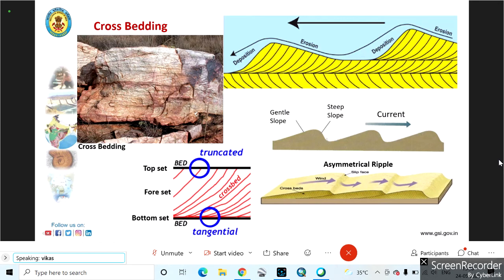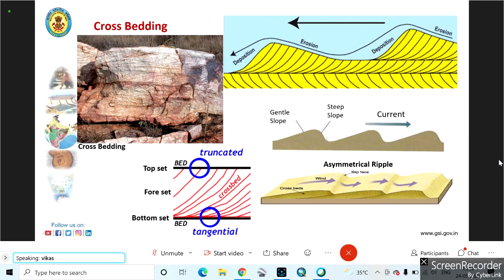And you can see that the foresets come and truncate with the topset at a very high angle, whereas the foresets come and become tangential to the bottomset. That is, they become parallel, or have a very low angle with the bottomset when they interfere with it.